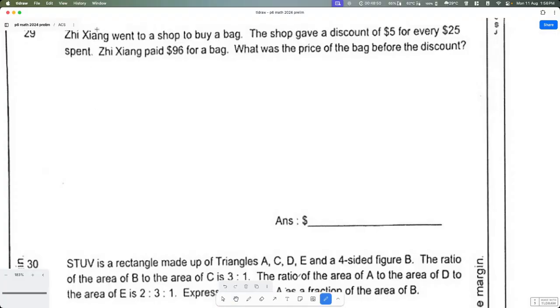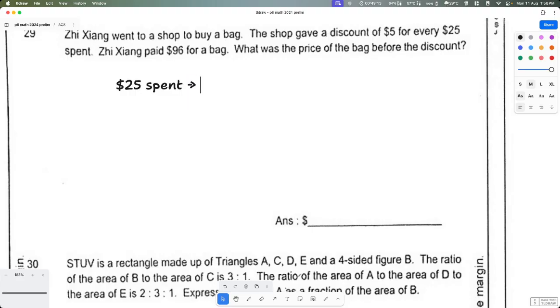Question 29. Xiang went to a shop to buy a bag. The shop gave a discount of $5 for every $25 spent. Xiang paid $96 for a bag. What was the price of the bag before the discount? So over here, if I spend $25, that means I will get a $5 discount.